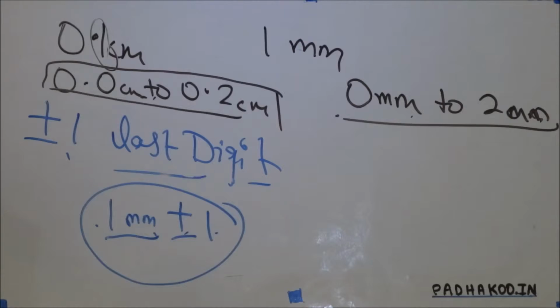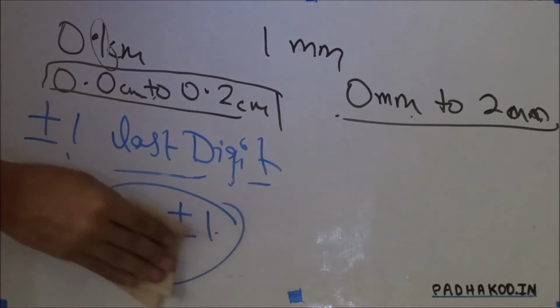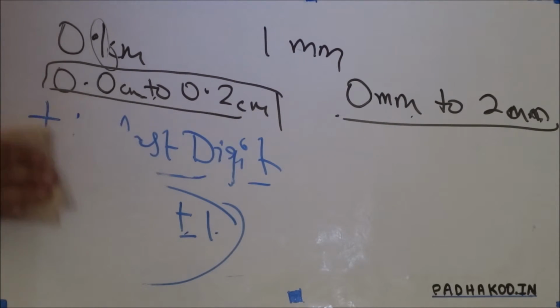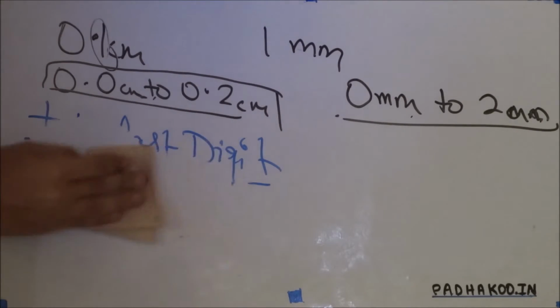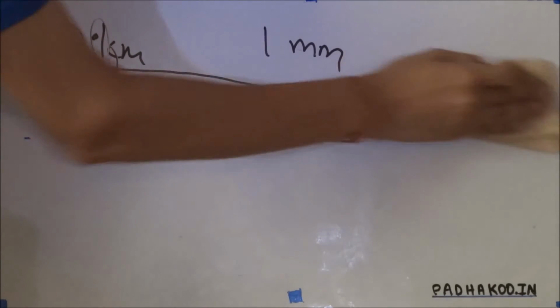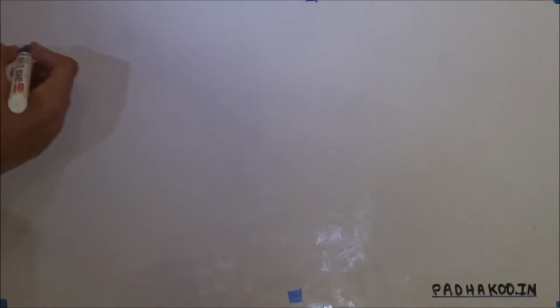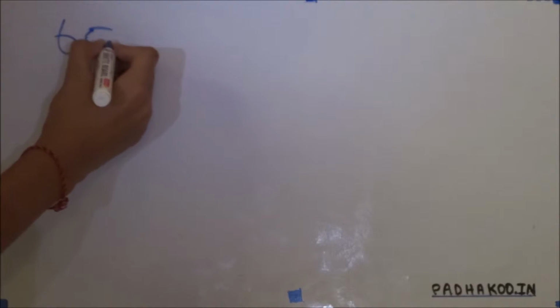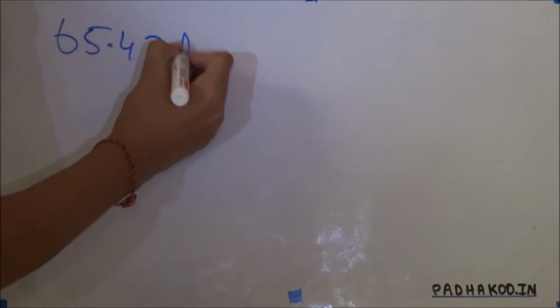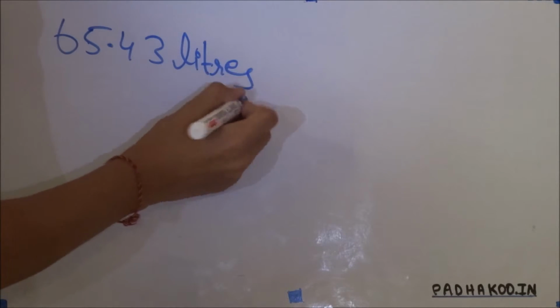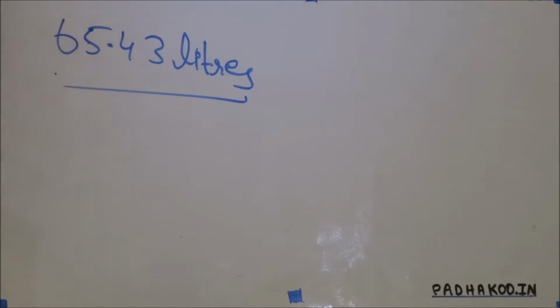Okay, so let's suppose that while calculating the volume of a liquid, let's take an example, a test value, we get an answer of 65.43 liters. We get this value of the volume of the liquid.